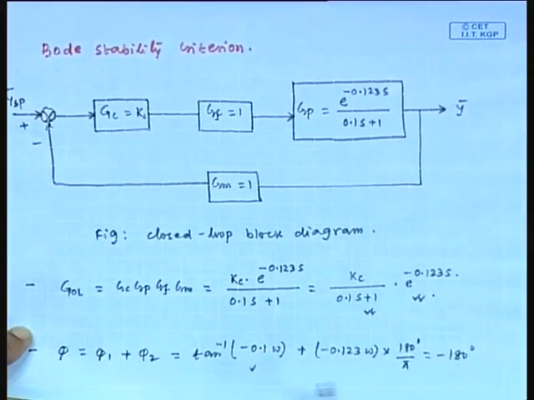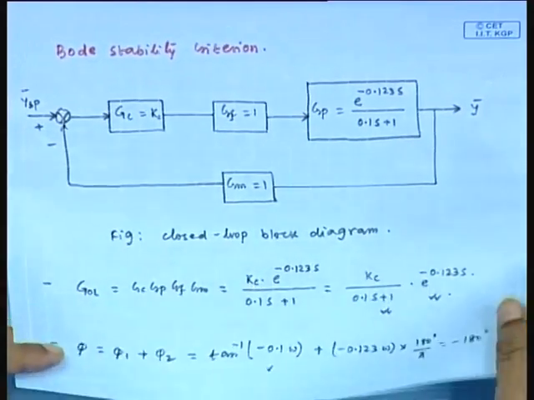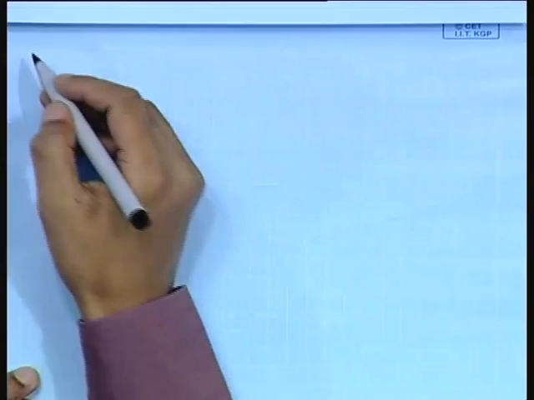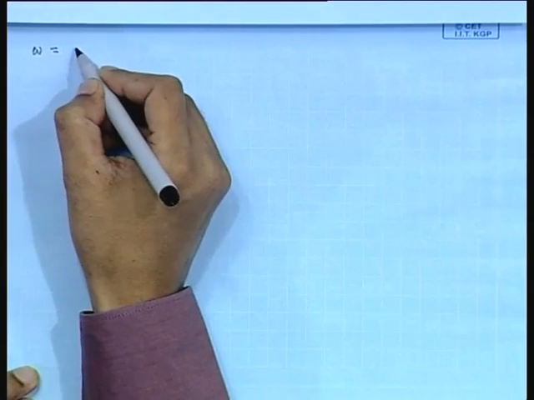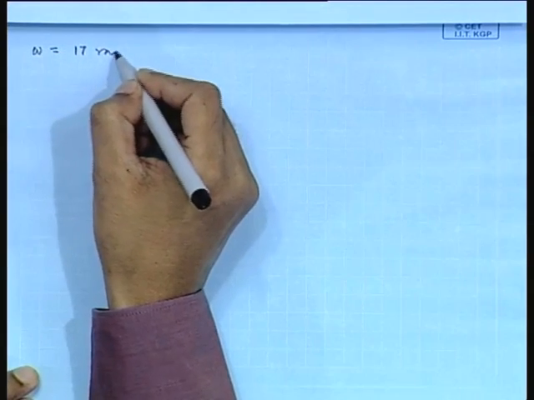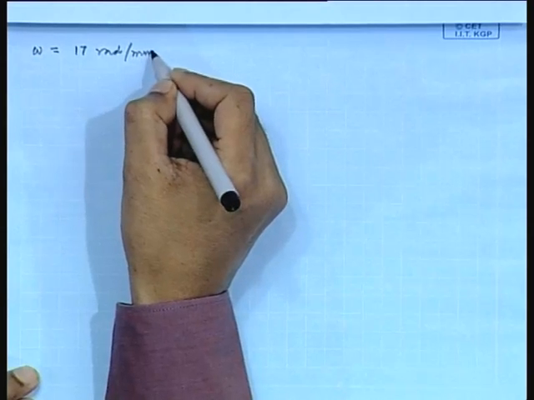Can you calculate from this expression the value of omega? We are considering phi is minus 180 degree. Now, we will calculate from this the value of omega, that we obtain 17 radian per minute.